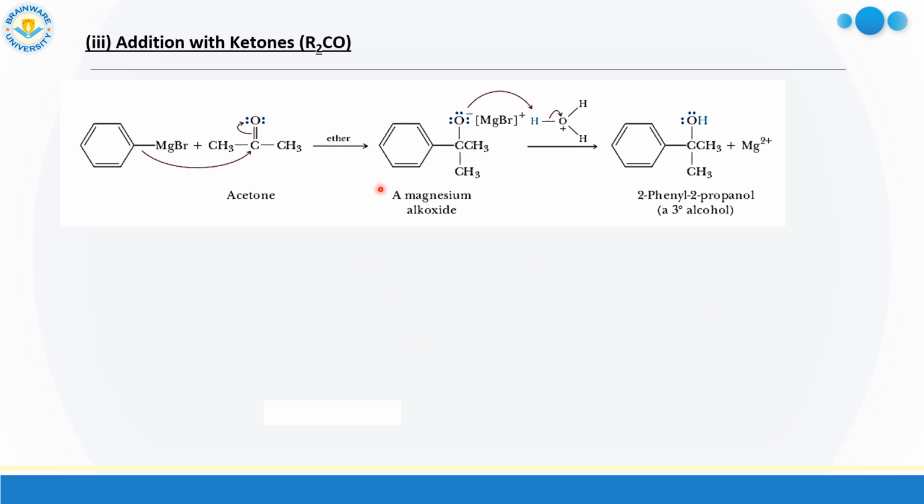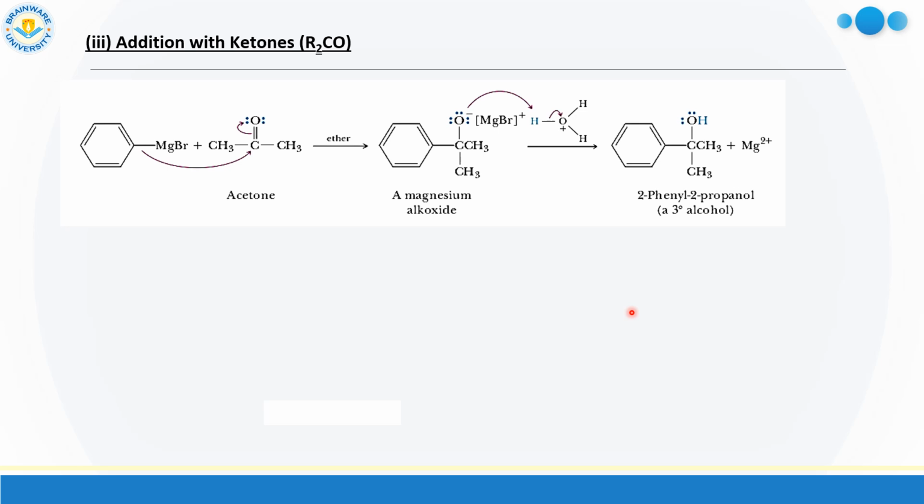Here also we can observe OH with three carbon groups, and ultimately a tertiary alcohol is formed. So based on that, we can obtain primary, secondary and tertiary alcohols by these Grignard reagent reactions.